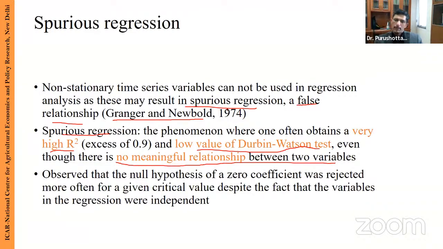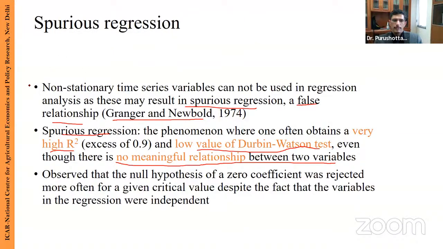Maybe you can get a significant variable and a high R square, and you may conclude that there is a relationship between the variables.